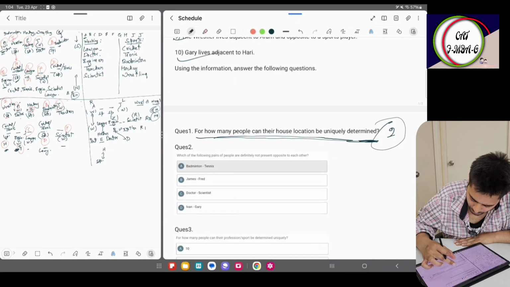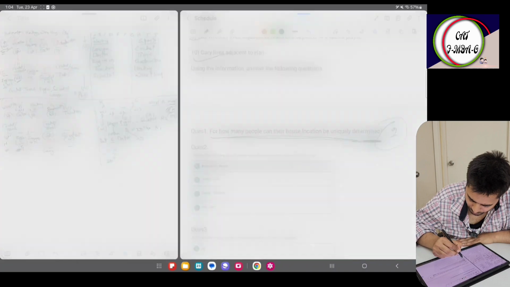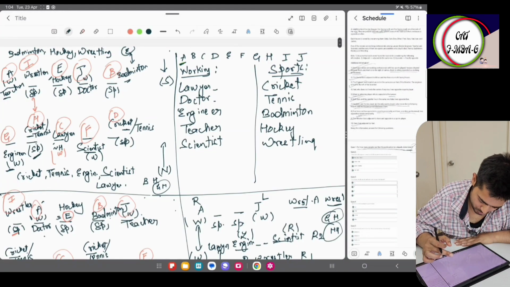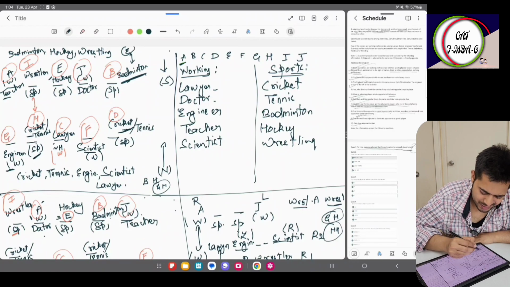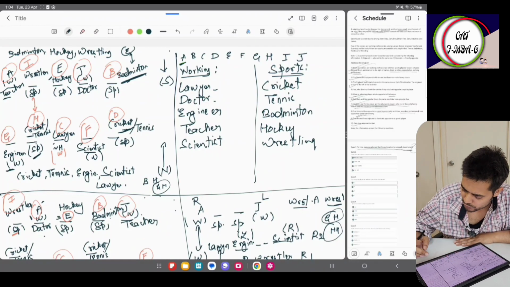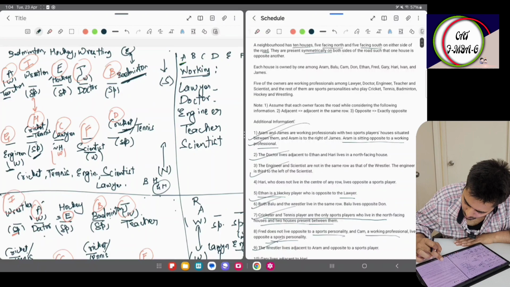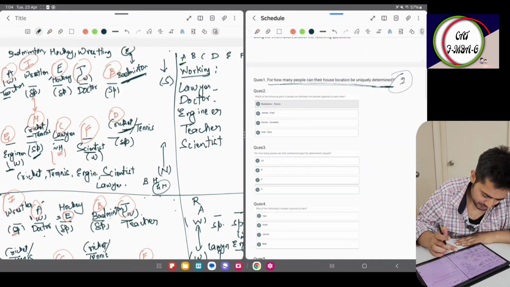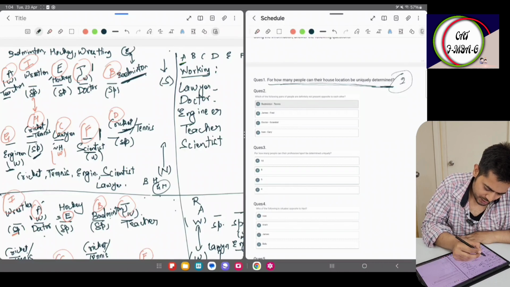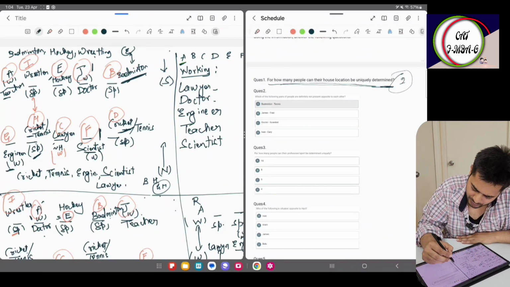Question number 2. Which of the following pairs of people are definitely not present opposite to badminton and tennis? Badminton and here cricket or tennis. So badminton and tennis can be present opposite to each other. What other option is there? James and Fred, J and F, can be present opposite.